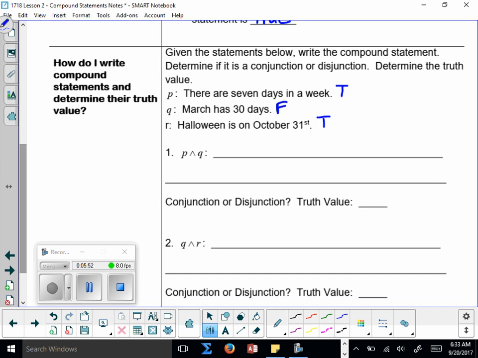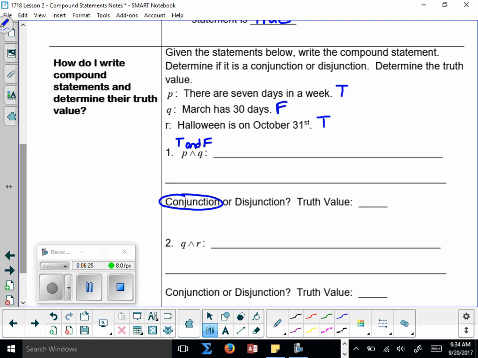Let's look at number 1 here. P something Q. This upside down capital V, that's a conjunction. We're dealing with the word and. My P truth value is true. The truth value for Q is false. With and, do we have to have both true or only one true?